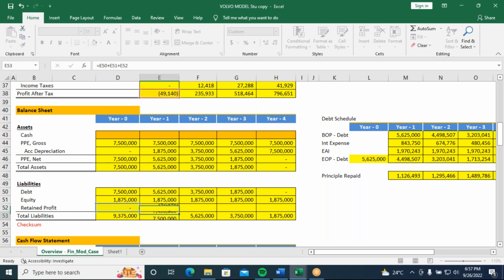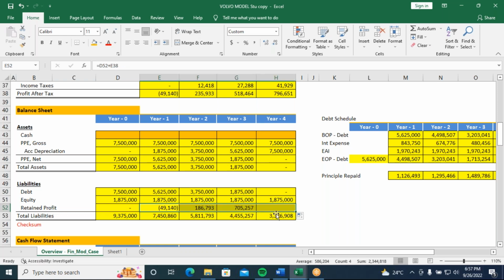So this will be your retained profit. The first year you have got the loss, so there is no profit. I'll select and drag till the last year. This is how we'll calculate the retained profit.